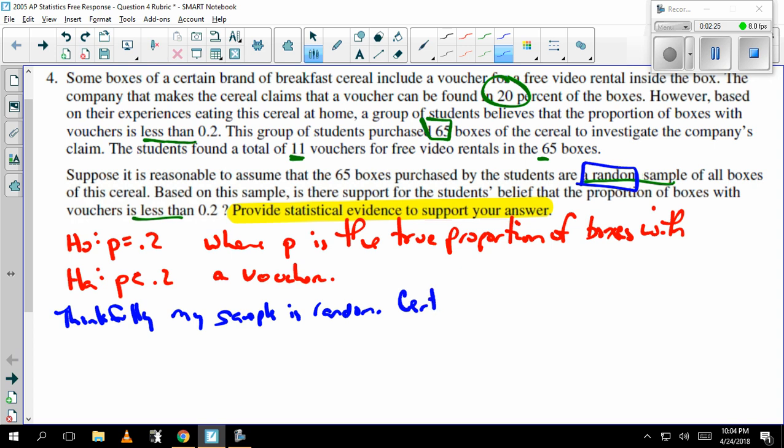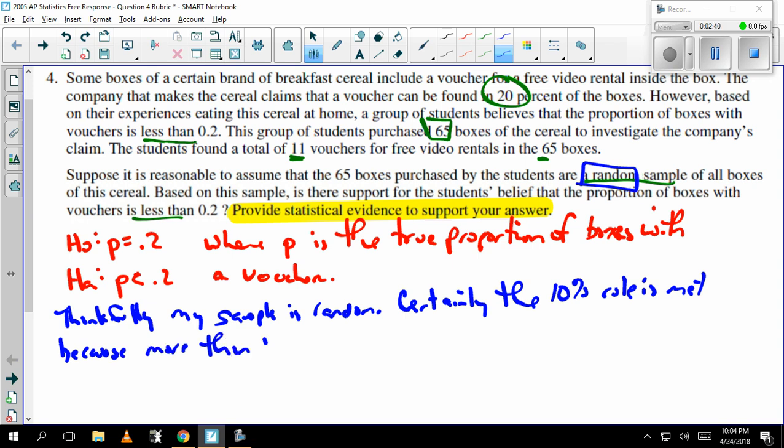Certainly, the 10% rule is met because more than 10 times 65 boxes will be made.